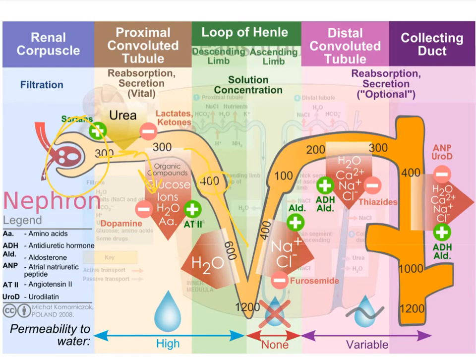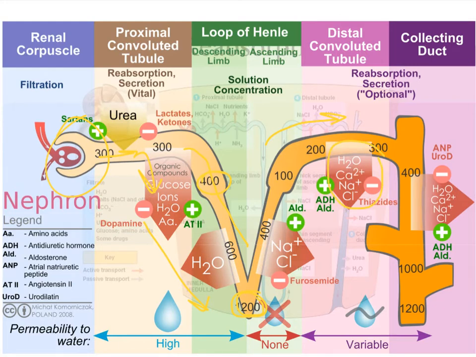So here is basically 400 milliosmoles going all the way down to 1200 as you go deeper into the medulla. Again, this is representing a juxtamedullary nephron. So again, in this loop of Henle, you're going to have concentration occurring. Then you'll be going into the distal convoluted tubule, and from there you'll see what the water can reabsorb.